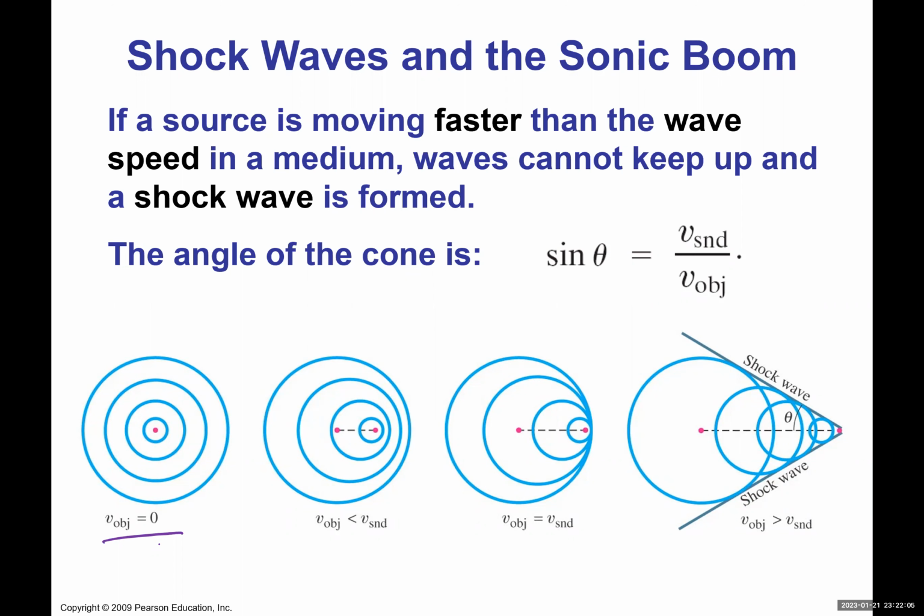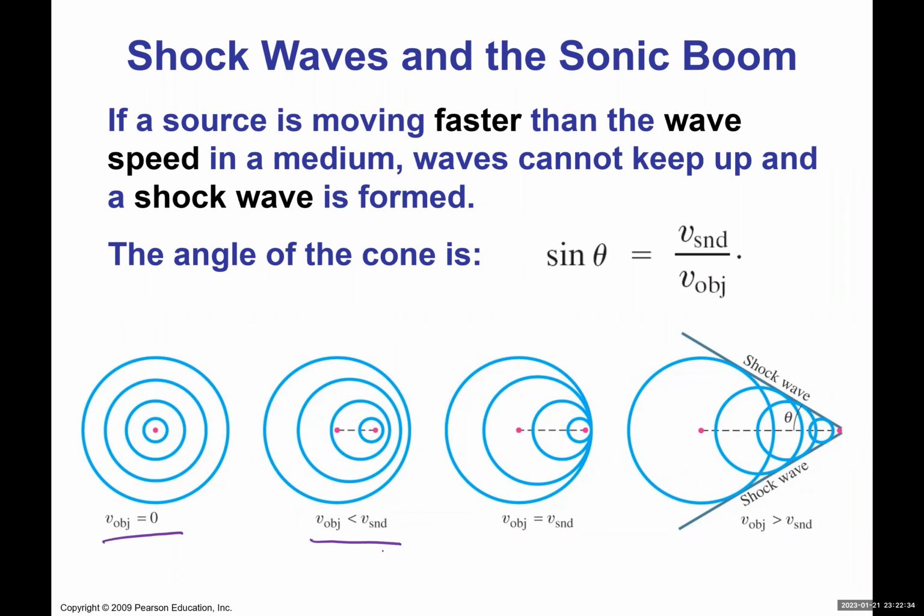If the object is moving, with respect to the speed of sound, and the velocity of the moving object is less than the speed of sound, then we get the Doppler effect.